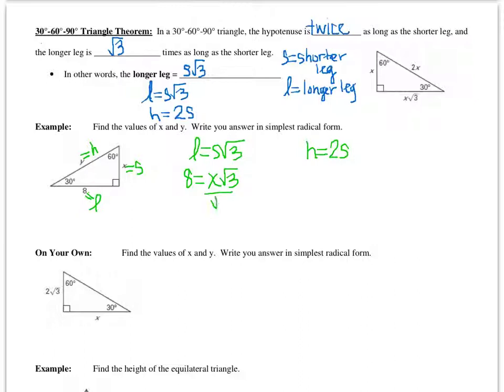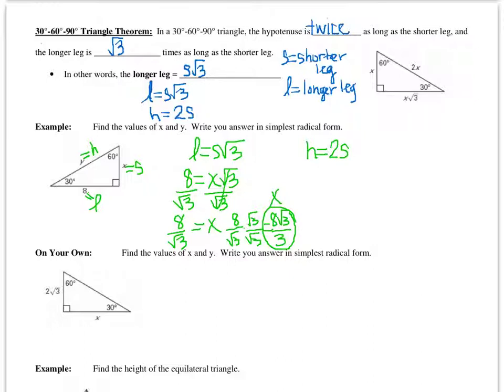If I divide both sides by the square root of 3 to get x alone, I have x equals 8 over the square root of 3. Now we don't want a radical on the bottom, so I'm going to take 8 over the square root of 3 and multiply it by the square root of 3 over the square root of 3. So that'll give me 8 square root of 3 over 3. And this is my value for x.